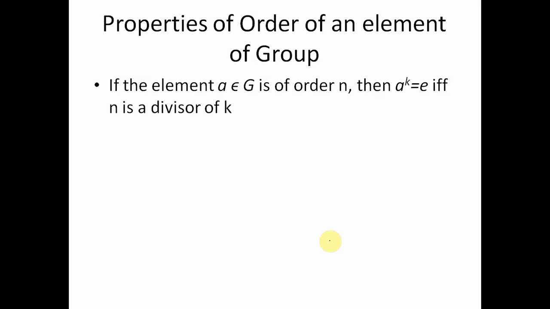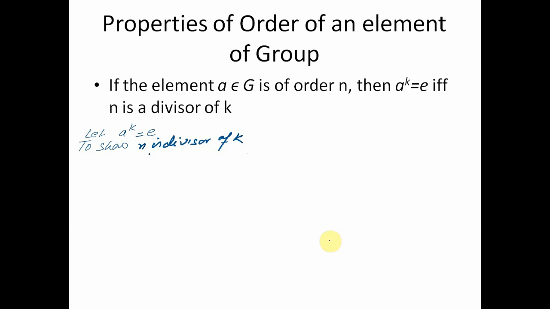In other words, I'll have to perform the proof in two steps. In the first step, I will assume a to the power k is equal to e and prove that n is a divisor of k. And in the second step, I will assume n is a divisor of k and then I will prove a to the power k is equal to e.